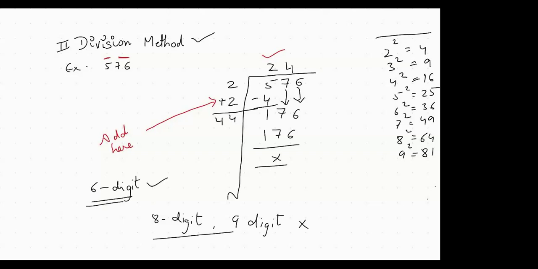Okay, 6-digit numbers max we can follow, because those numbers are way too big and it's not required to do this with such high numbers. Max till 6-digit.